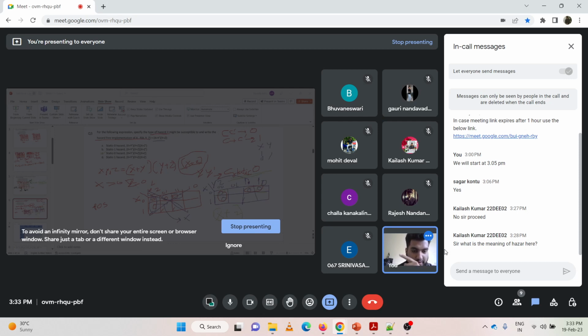And for a static 0 hazard, we take all the zeros, and if the adjacent zeros are not covered by a common group, we take them in a common group and add that term to our final expression to get a hazard free implementation. This is very well explained by Professor Saha in lecture 14 and 15. So if you still have any doubts, you can refer to lectures 14 and 15.